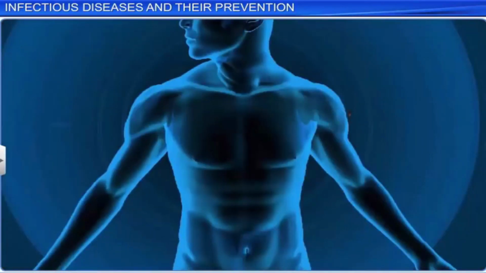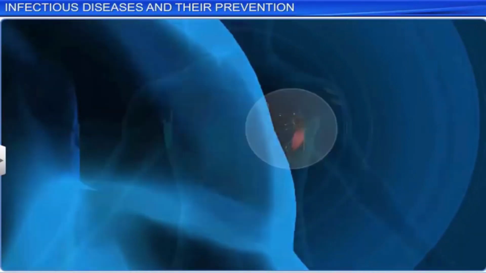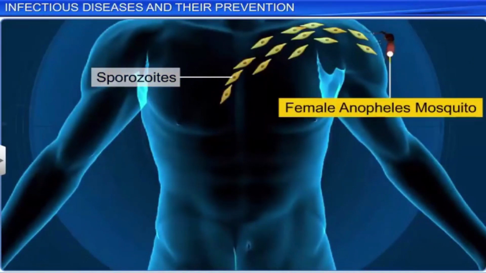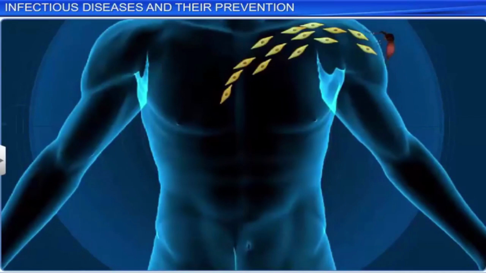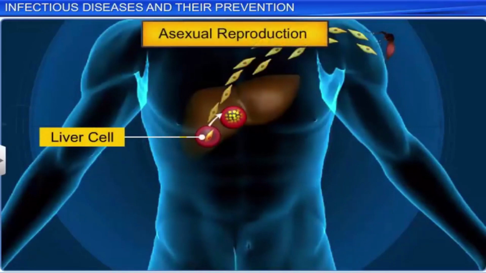Plasmodium enters the human body in its infectious form, known as sporozoites, through the bite of the female Anopheles mosquito. Sporozoites travel through the blood to reach the liver, where they initially multiply via asexual reproduction to form merozoites inside the liver cell.